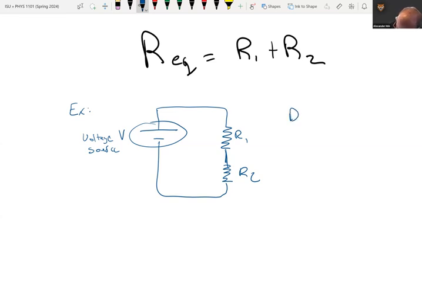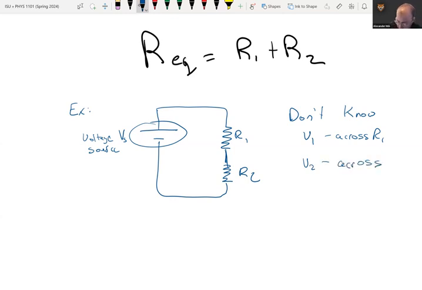We'll call the source voltage V sub S. We don't know V1, the voltage drop across R1, and we don't know V2, across R2.